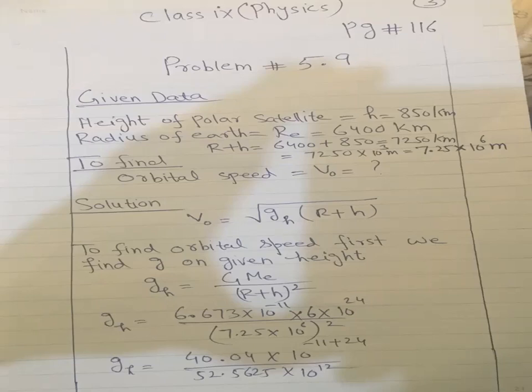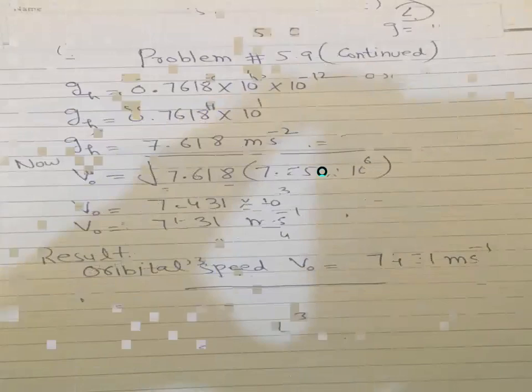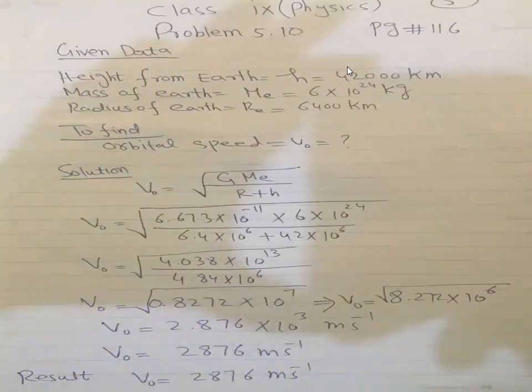So gh is equal to G M E divided by r plus h whole square. If you put this in the formula, the bottom r plus h whole square will be cancelled with the top r plus h. So what is left?